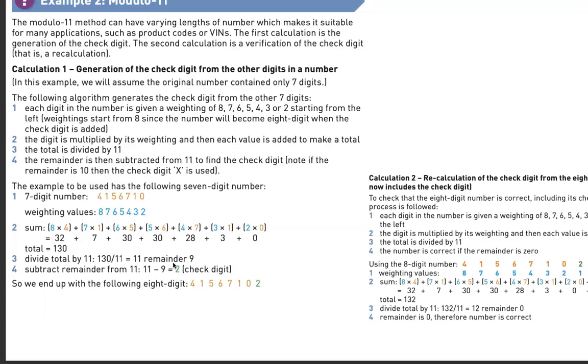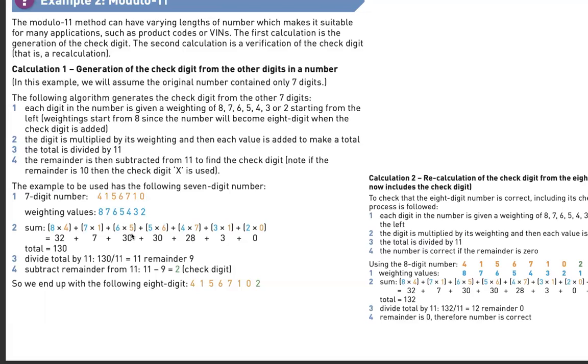Now, for example, if I get a remainder 1 here, that means I will subtract 11 minus 1 and I'll get 10. If I have a remainder 1, 11 minus 1 results in the check digit being 10. I'm not allowed to add 10. So if I end up getting a 10, I will simply use the letter X for that. That's the method used.